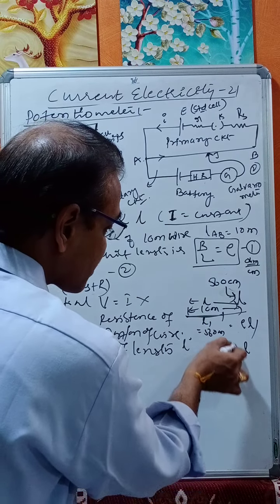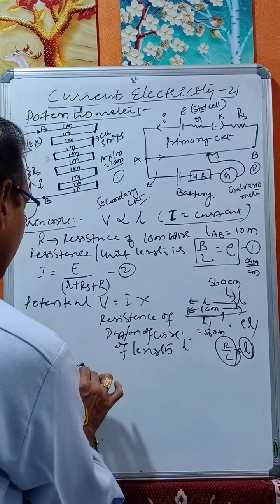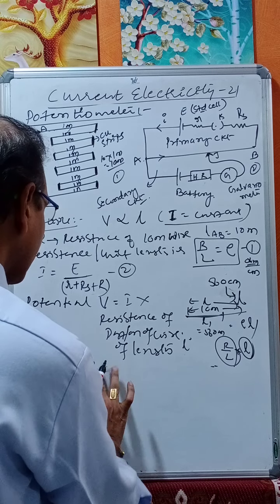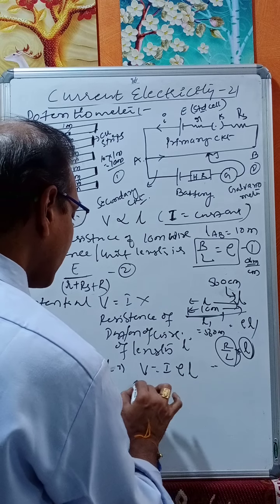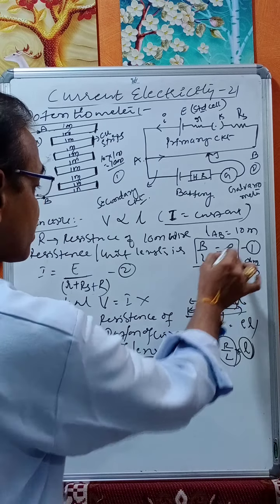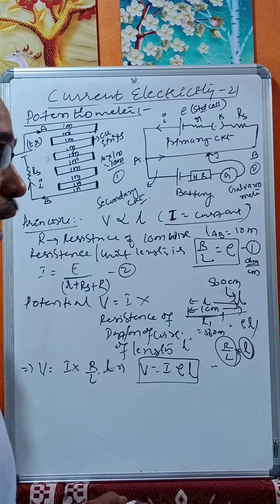Resistance per unit length is R by L, then the portion of wire of length l is R by L into l. This implies V is equals to I rho l. We can call R by L as rho, ohm per centimeter. Therefore, V is equals to I rho l.